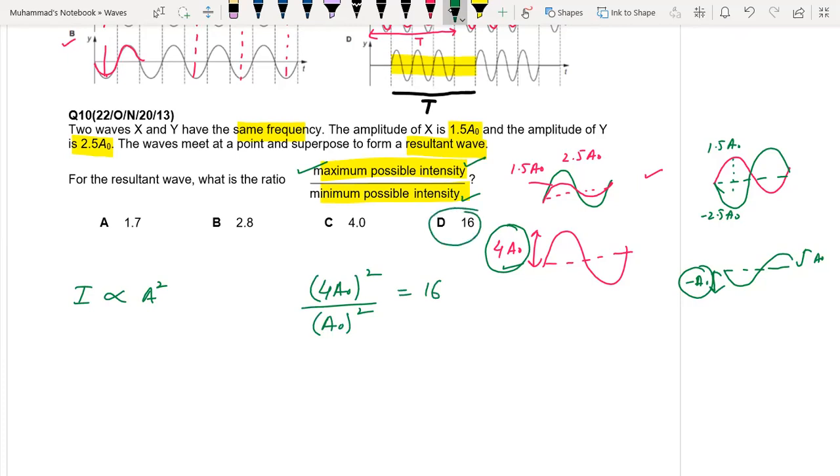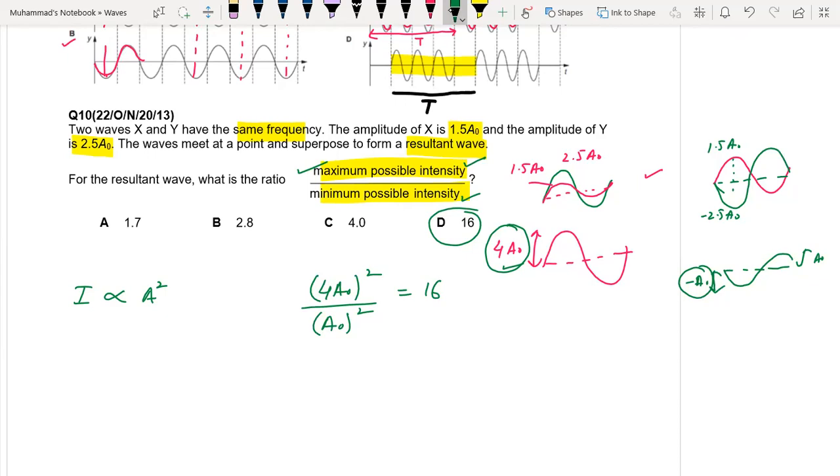So both waves meet at a point. We have to find the ratio of maximum possible intensity to the minimum possible intensity. So we will interfere them constructively and destructively to find the maximum amplitude and minimum amplitude. If they interfere constructively, the resultant wave will have amplitude of 4 a naught.